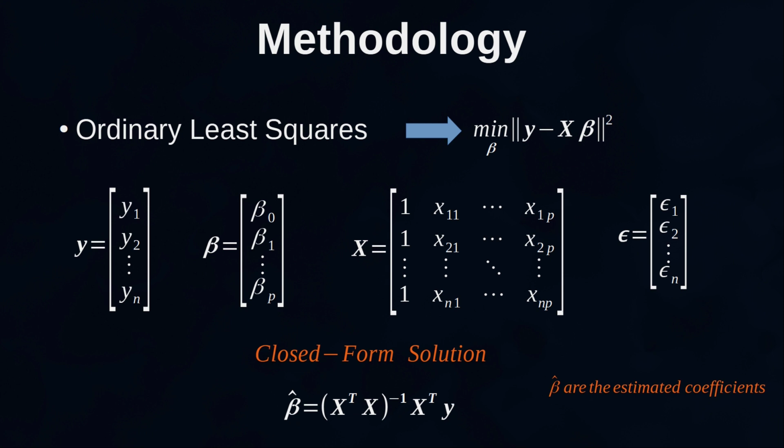But in this case, the aim is to find a vector beta with all its p plus 1 coefficients. Also, this solution has a closed form, and you can see that below. As I said previously, I will do another video where we will go more in depth into the equation mentioned here and how to obtain these formulas, so stick around for details.